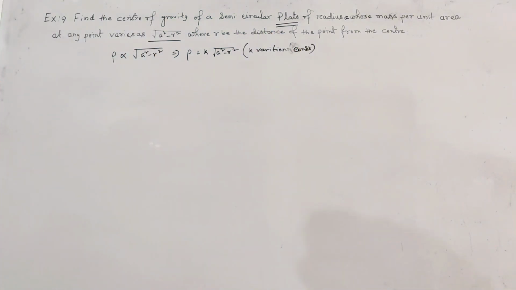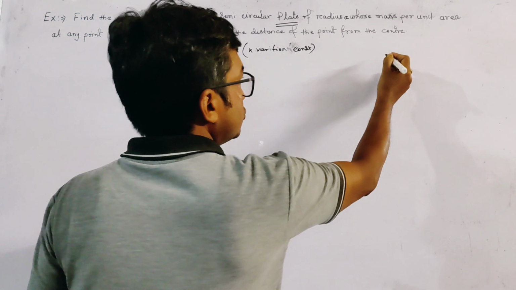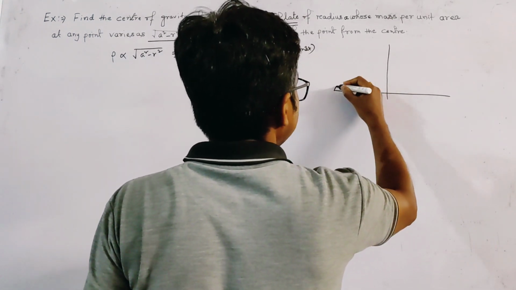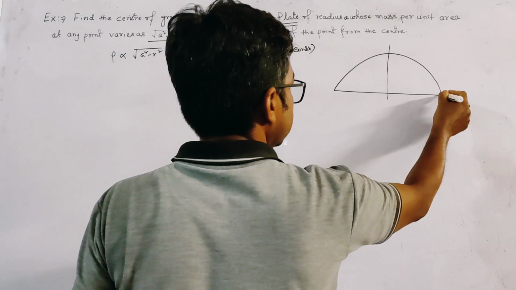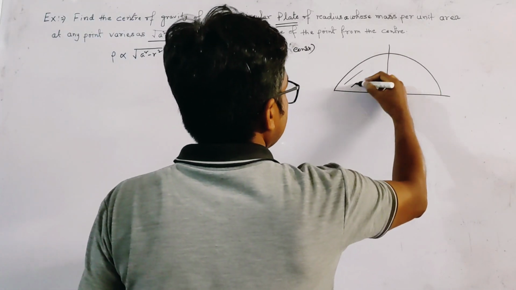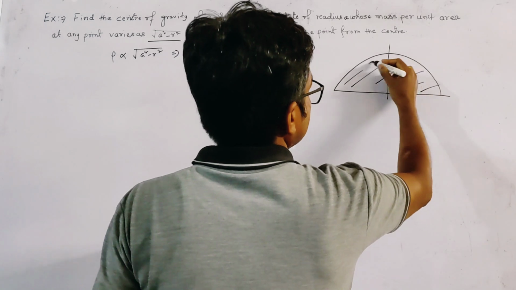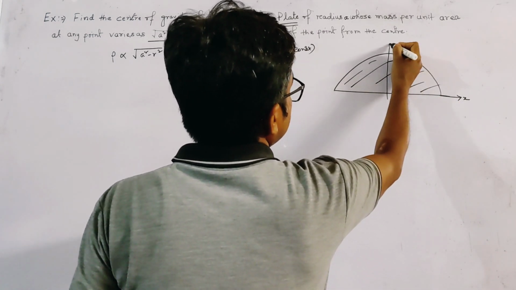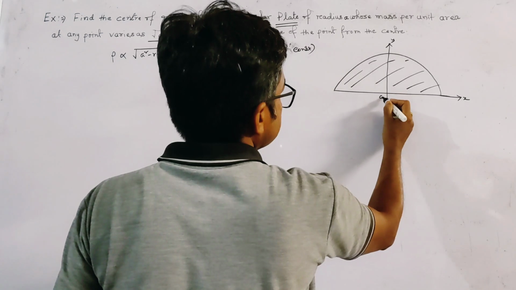Now we draw a rough sketch of the semicircular area. It looks like this, and this is the total plate. Let this be the x-axis, this the y-axis, and this the origin.